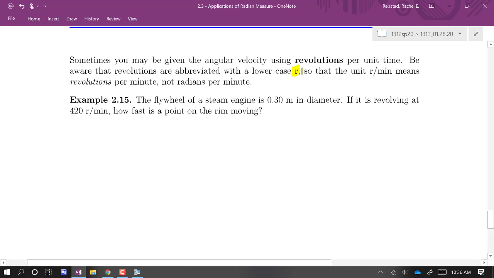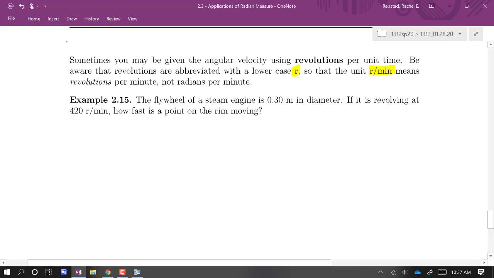So sometimes people see r per minute and think they're being given omega in radians over time. But if they mean radians explicitly, they'll either write rad as an abbreviation or write out the word radians completely. So if you ever see r per minute or r per hour, that's always revolutions.